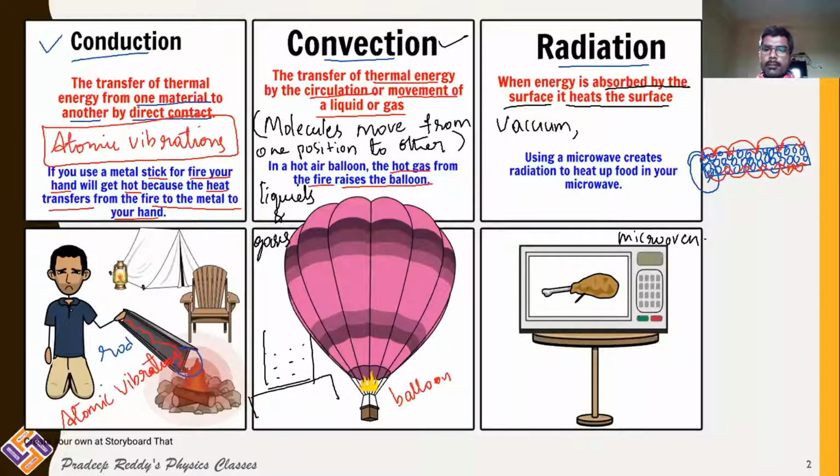In the microwave oven, you are putting some hot objects. Actually here there will be air, but irrespective of the air, this microwave oven releases microwaves and, sorry, not radio waves, instead of radio waves, it is infrared waves.